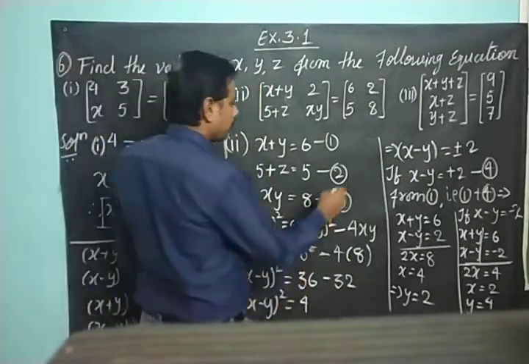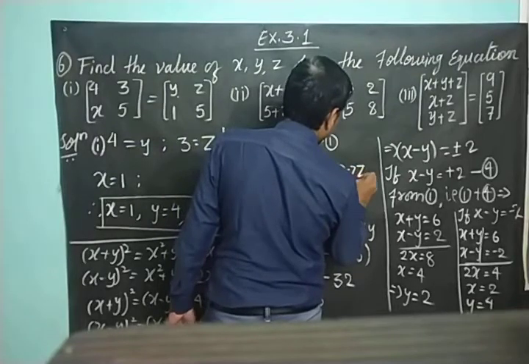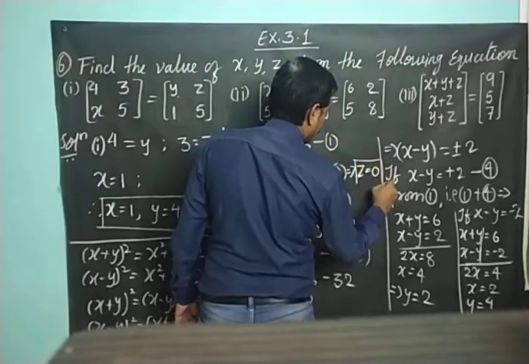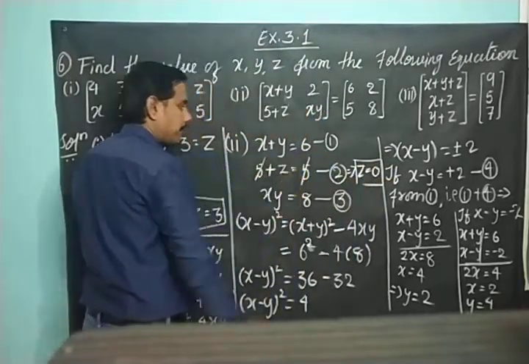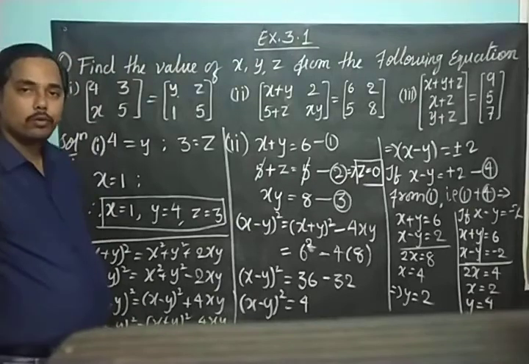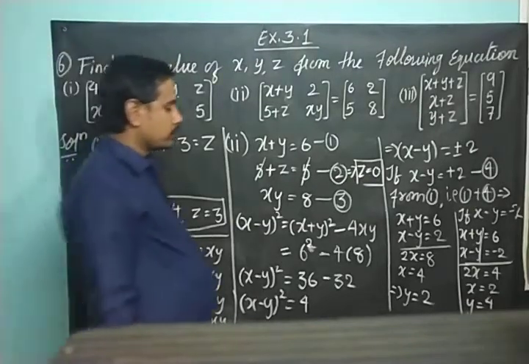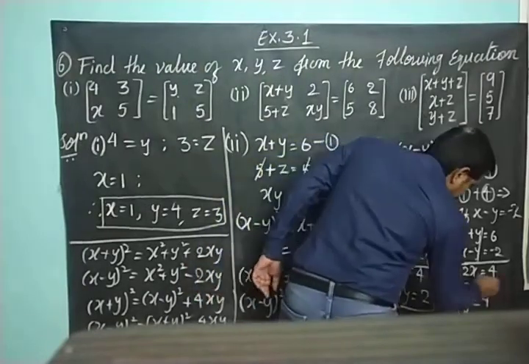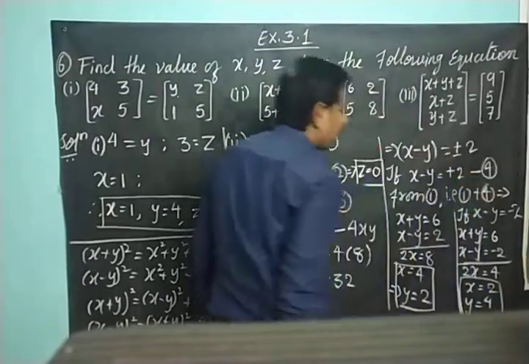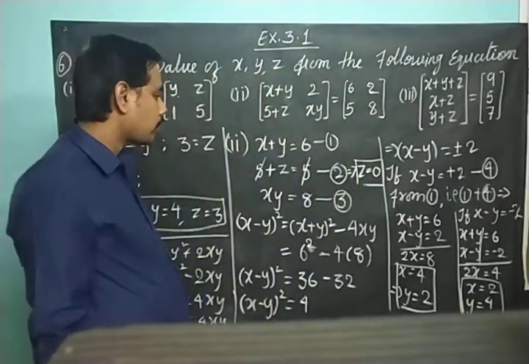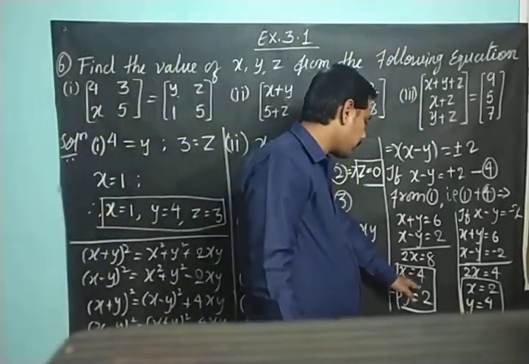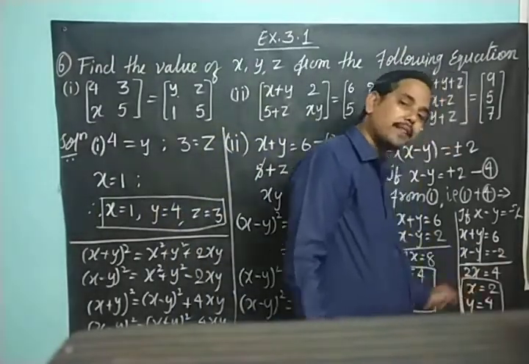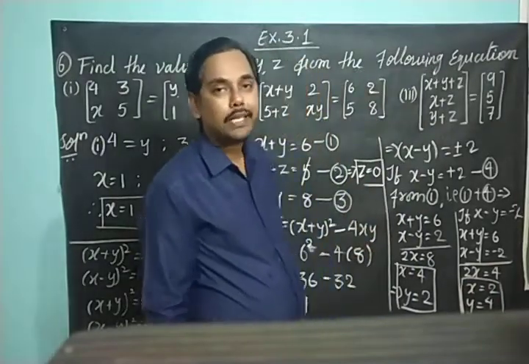And we all know z is equal to 0, because plus 5 and minus 5 will cancel. Right? So what I got: x is equal to 4, y is equal to 2, z is equal to 0, or x is equal to 2, y is equal to 4 and z is equal to 0.